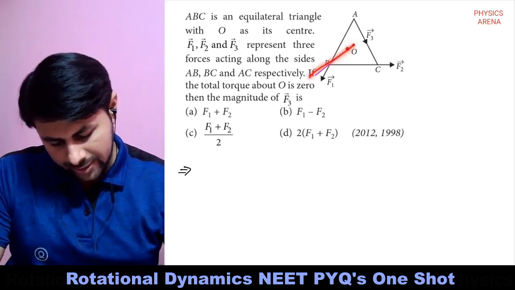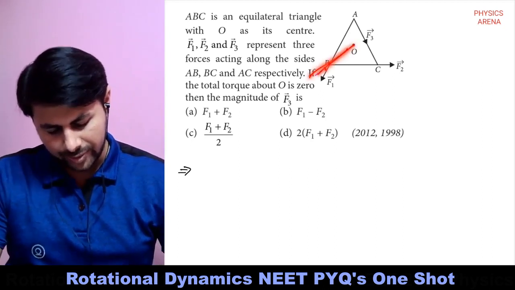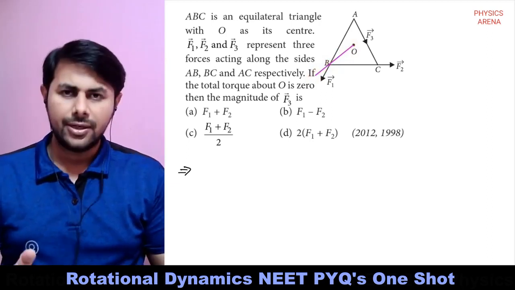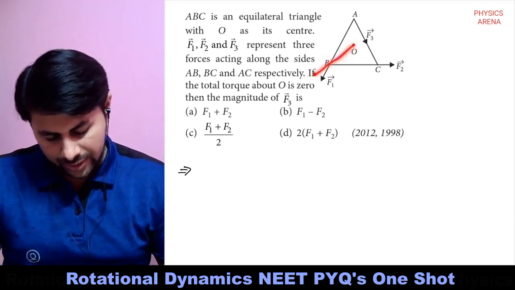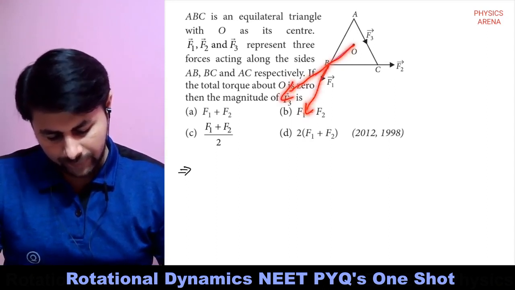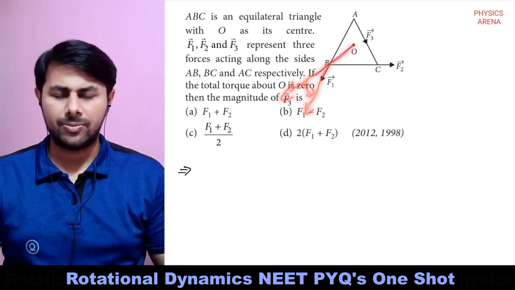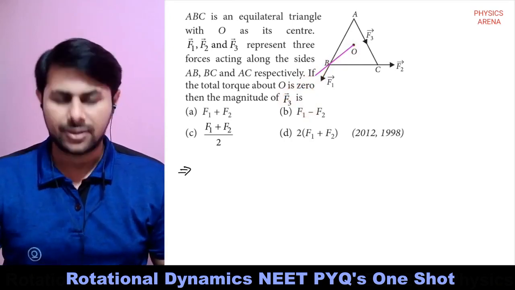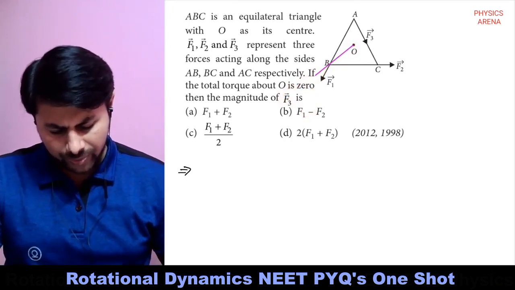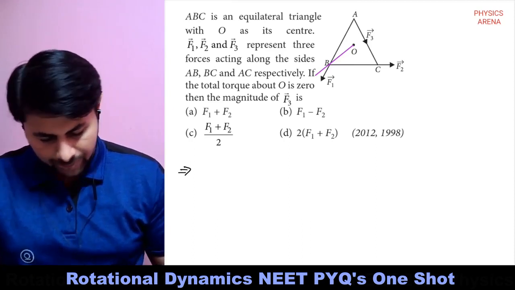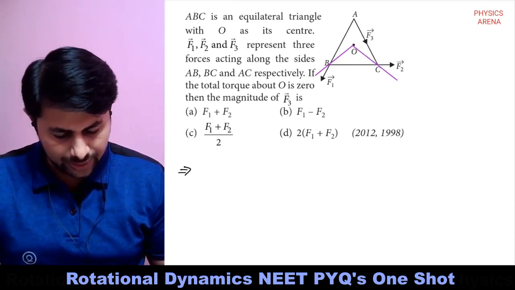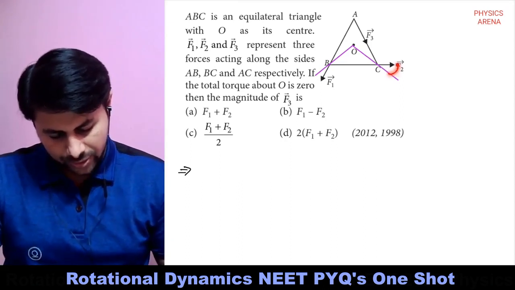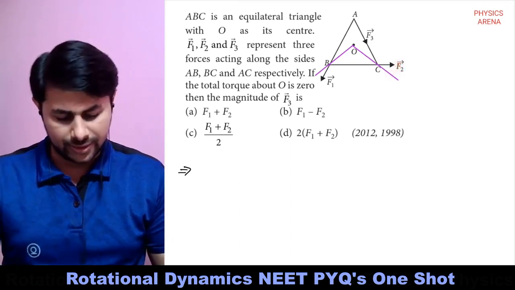If you take this as its position vector, F1 is rotating this triangle in anti-clockwise sense. You can see this is R, this is F1. So R cross F is rotating the triangle in anti-clockwise sense, right? What about F2? F2 is also rotating the triangle in anti-clockwise sense.